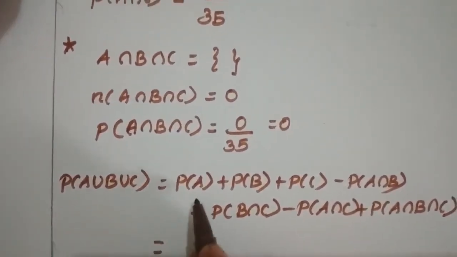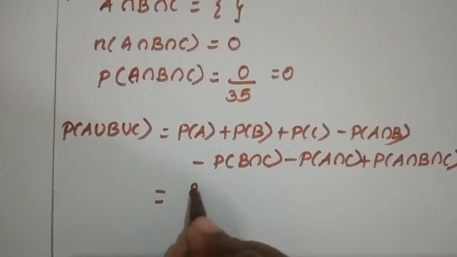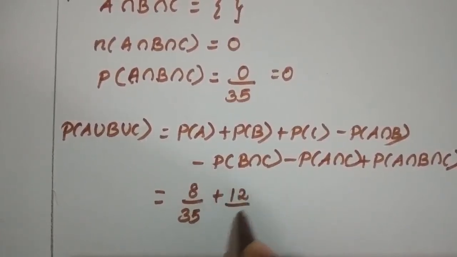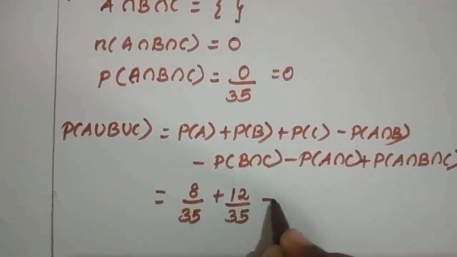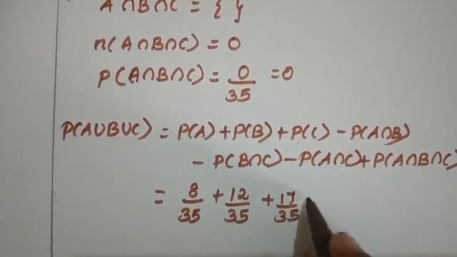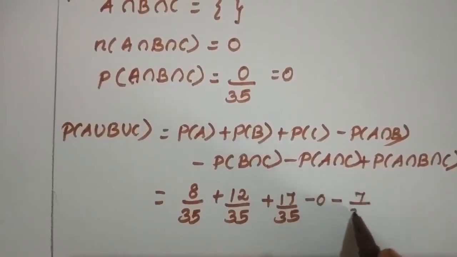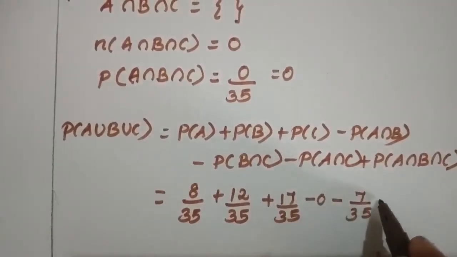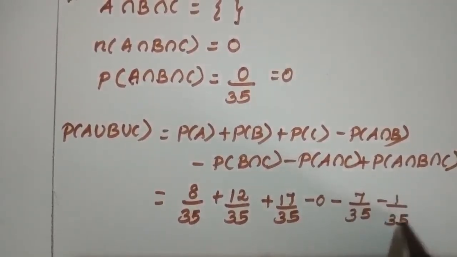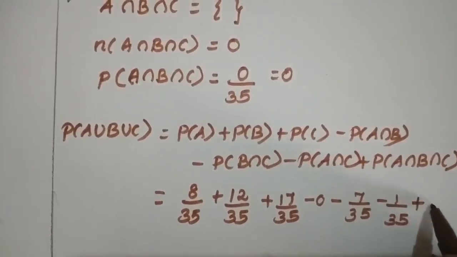P of A is 8 by 35 plus P of B is 12 by 35, P of C is 17 by 35. A intersection B value is 0. B intersection C value is 7 by 35 and A intersection C value is 1 by 35, and the last one, A intersection B intersection C, is 0. So this is plus 0.